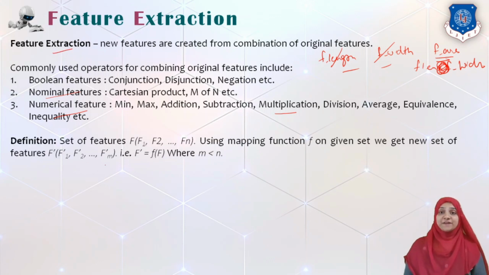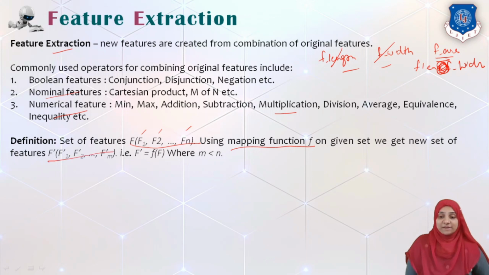Formally, we define feature extraction as a process where we have a set of features F with features f1, f2 up to fn. So a total of n attributes or features are there, and there is a function f which is called a mapping function. This mapping function will translate our n-feature space into a new feature space.